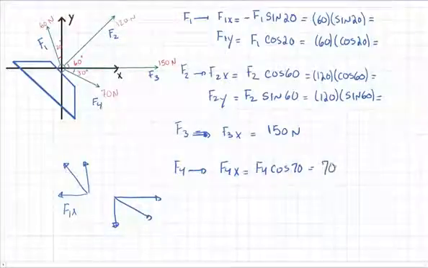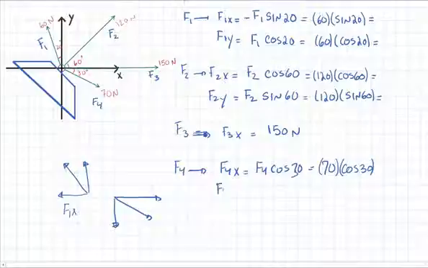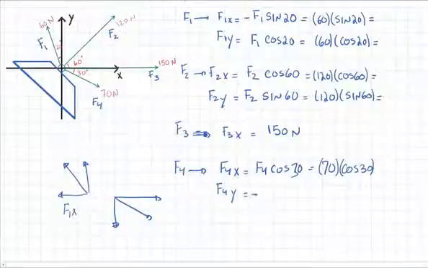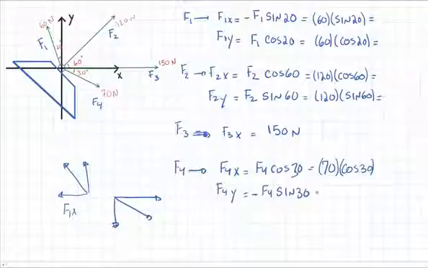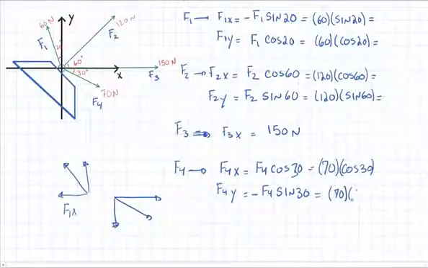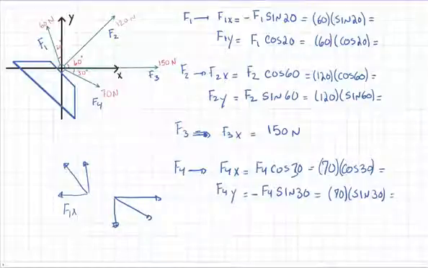F4 is 70 newtons times cosine of 30, and F4y is equal to negative F4 sine of 30 degrees, which is equal to negative 70 newtons times sine 30 degrees. Now I'm going to take a second and calculate all these values.